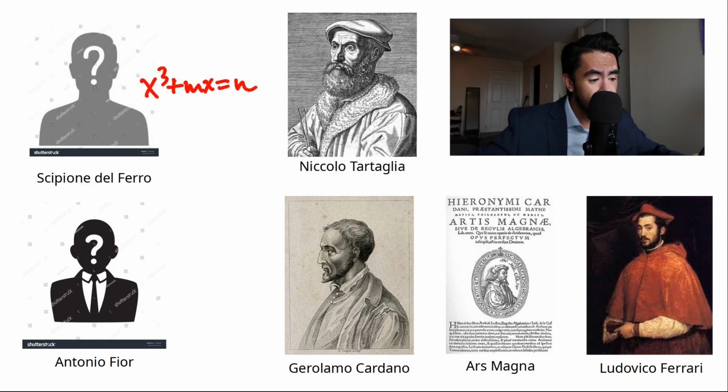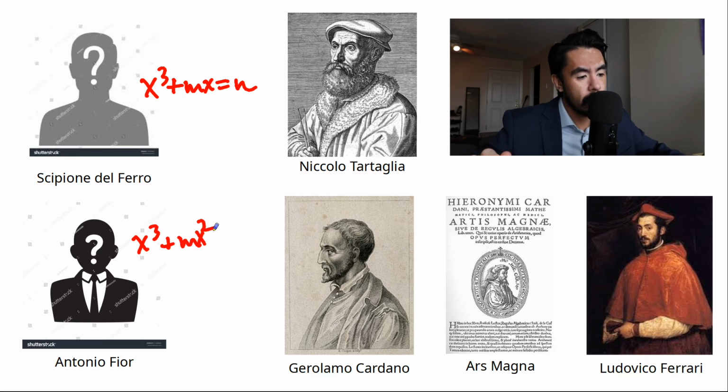But the thing is Fior, who was the student of Del Ferro, had cubic problems of the form x cubed plus mx squared equals n, whereas Tartaglia had the same x cubed plus mx equals n cubics that Del Ferro had worked out his solution for, and Tartaglia similarly had a solution for those same kinds of cubics.